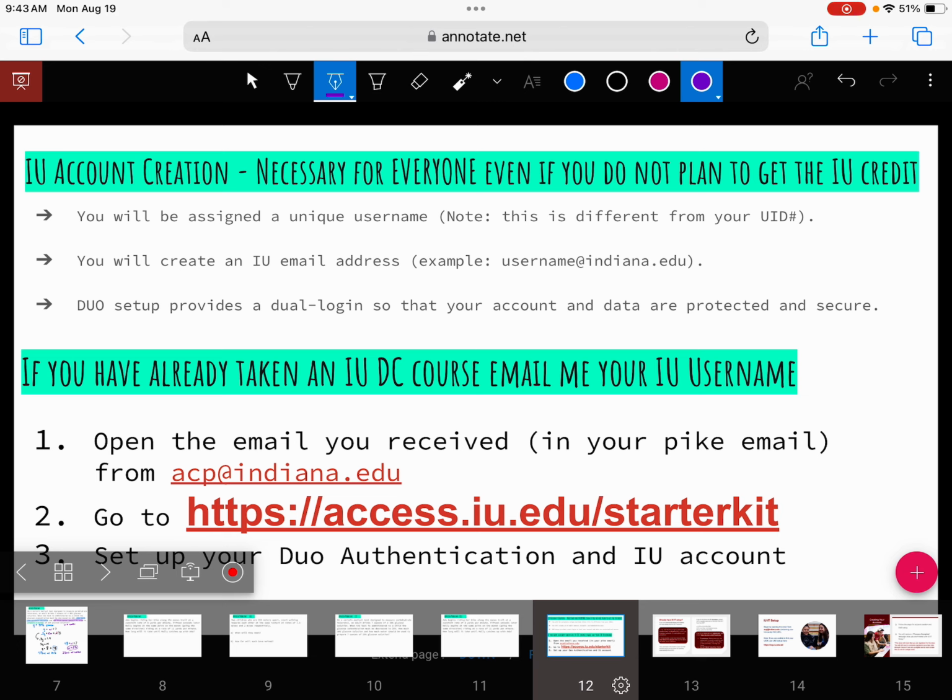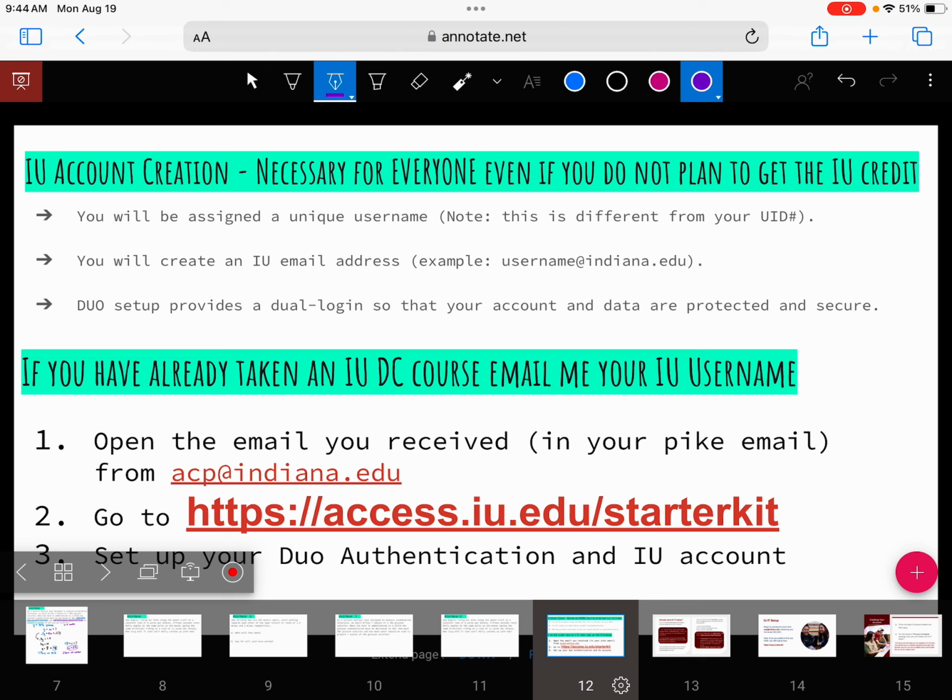I'll give you little steps to go through each day, but you need to set up the account first. That is super duper important. You have to do this even if you do not plan to get the IU credit. You have to register for it. So even if you're not planning on doing the dual credit, you got to do this. You've got to set up the Duo Authentication, which is an app that you download on your phone. Yes, it's obnoxious. I'm sorry, I had to do it too.